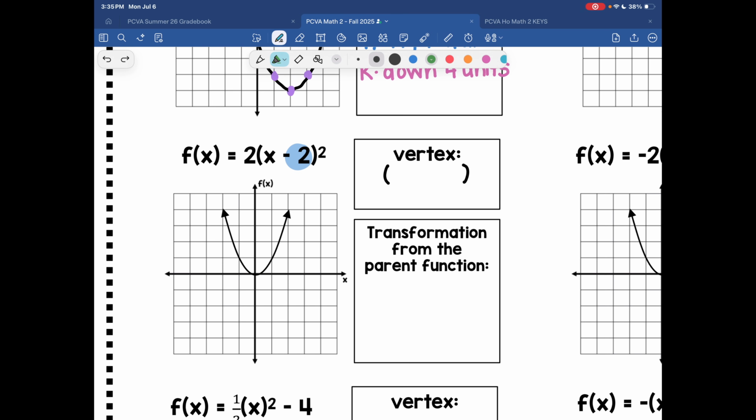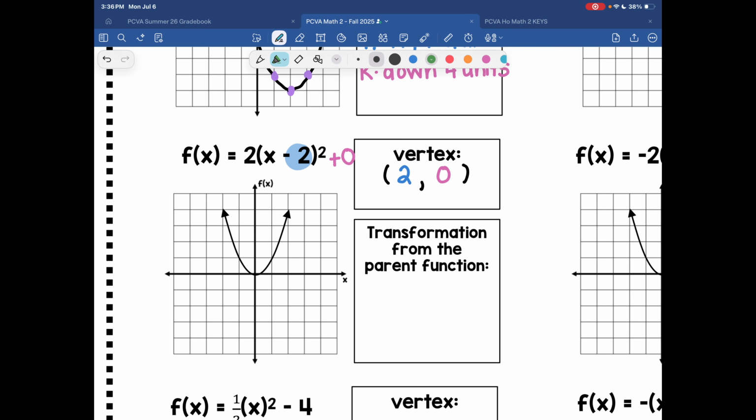If I don't have a k value listed, then my k value is automatically going to be 0, just like if I don't have an h value in the problem and it's missing. So my h value here is going to be the opposite, so it's going to be positive 2. And then my k value is going to be 0. So my vertex is going to be at 2, 0.